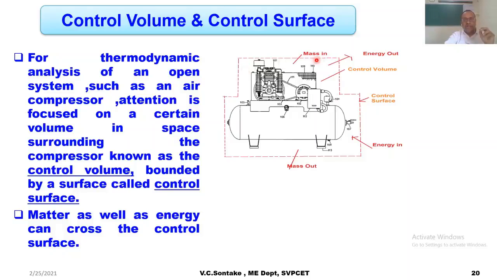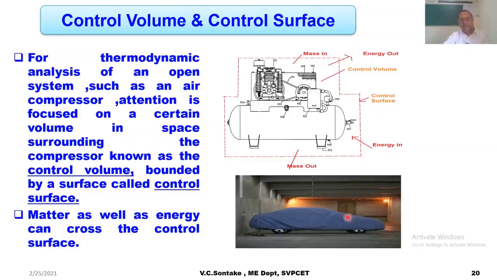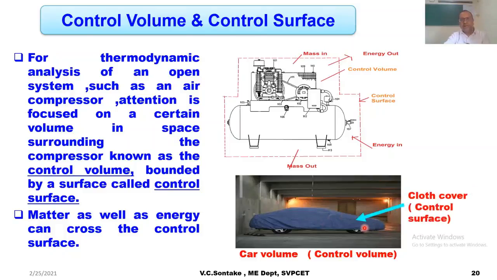I have drawn the imaginary control surface line and matter, that is mass as well as energy, can cross this control surface. Take another example, a car covered by its cover. So the cloth cover will be the control surface and the car volume will be the control volume. This is a crude analogy to explain control volume and control surface.